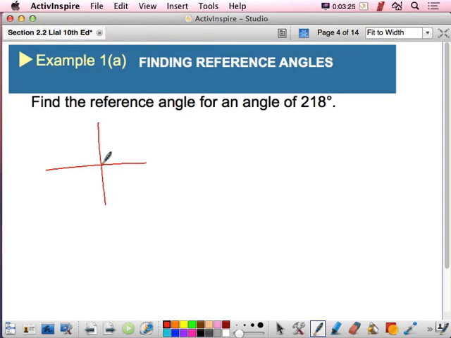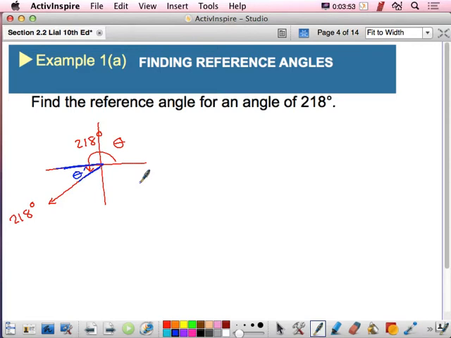Okay, so it would be about right here. There's theta. That's 218 degrees, all the way around to here. My reference angle is how much is trapped right here. That's theta prime.